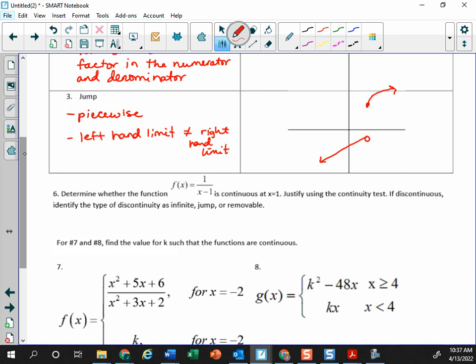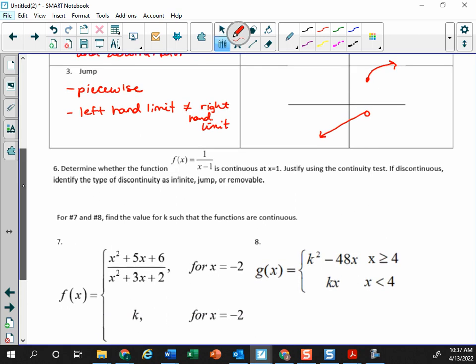Is the piecewise function the only time you see a jump? I guess like the equation we looked at initially, absolute value of x over x, the graph looks like that. So technically that has a jump, but most of the time it's going to be from a piecewise.